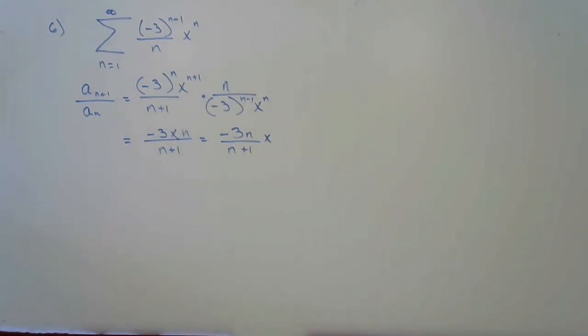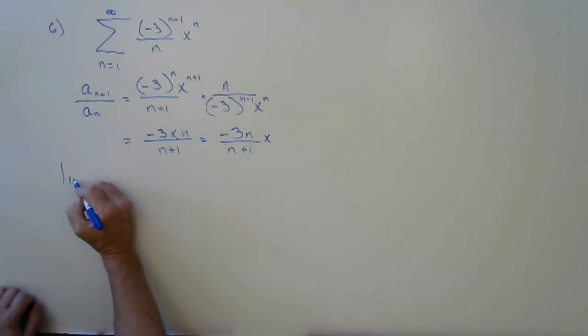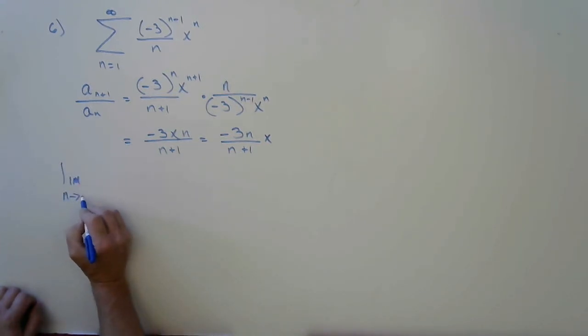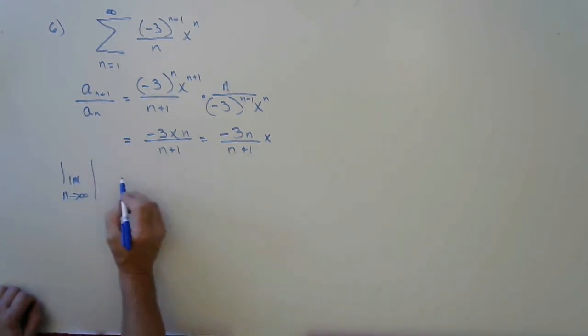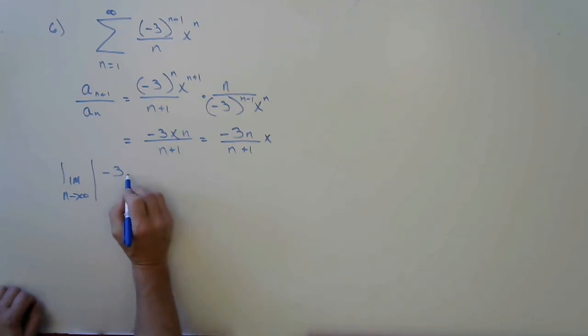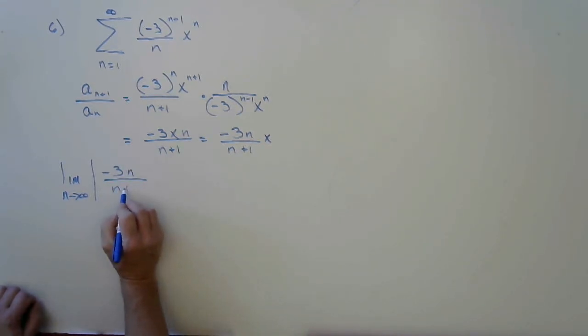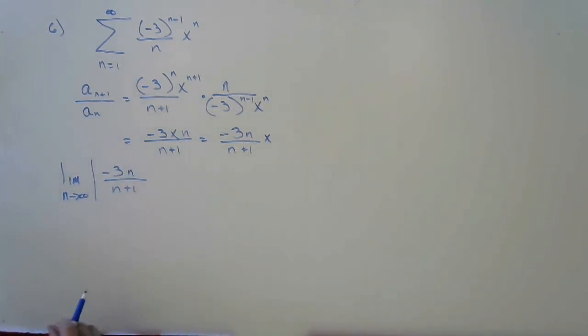That's our ratio. Now, what do we do for the ratio test? We take the limit of the absolute value as n goes to infinity. So we take the limit as n goes to infinity of the absolute value of negative 3n over n plus 1, all times x.